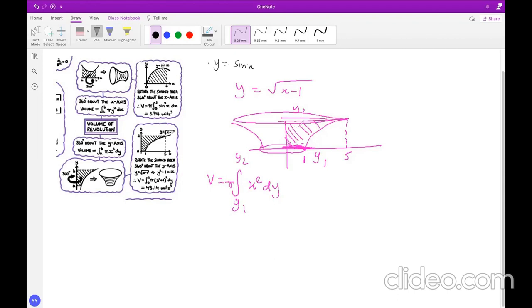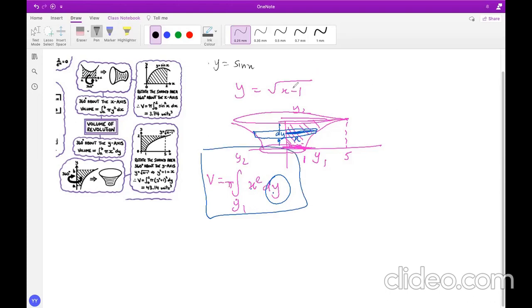I consider a simple disk, a cylindrical disk. This distance is dy, that's the height of the disk, and this distance is the x distance until the function reaches. That's why it is pi r squared dy, and obviously it's for the entire solid, so that's why I take integration. This is the formula in case you wish to remember.